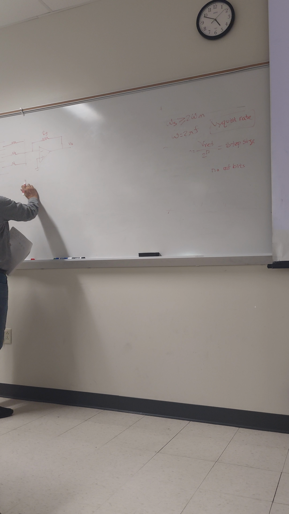Right? So V2, V1, V0, where V0 is the LSB and V2 is the MSB. If you have 4 bits, it will be R, twice R, 4R, 8R, like this.